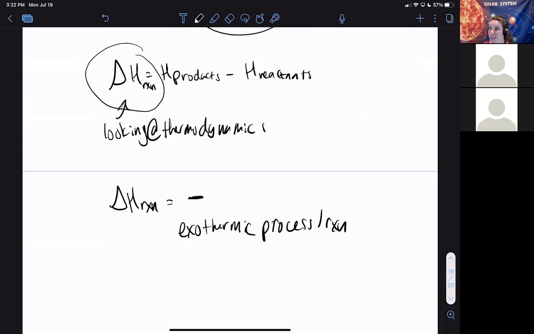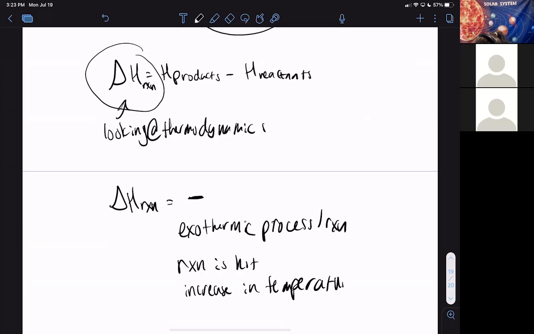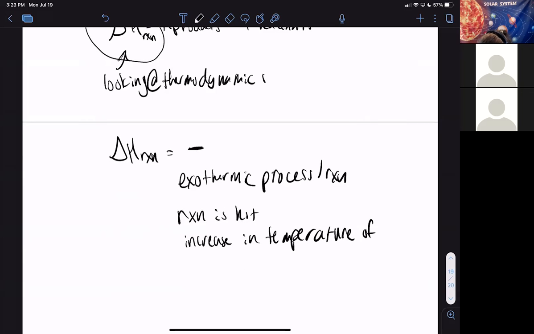So this is going to be one that generates heat, and we can tell because it is actually hot. So this will cause an increase in temperature of the surroundings, because as it's releasing that heat, the surroundings are going to heat up.